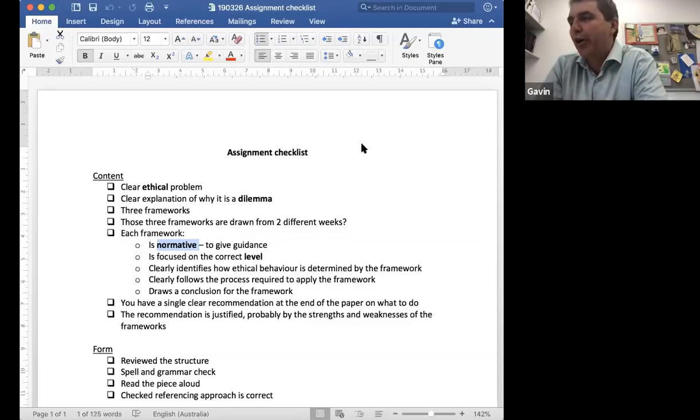Okay, so I know that the rule is if you breach one of them, and you need to clearly communicate that, if you breach one of these formulations, then it's not ethical. So you clearly don't need to do more than one to get a pass, and even beyond a pass.